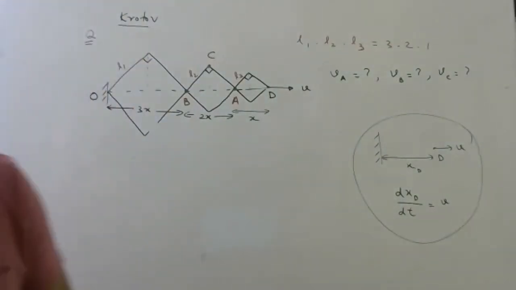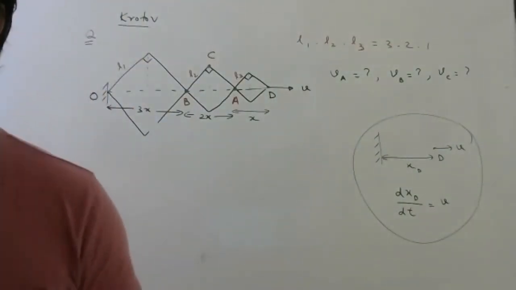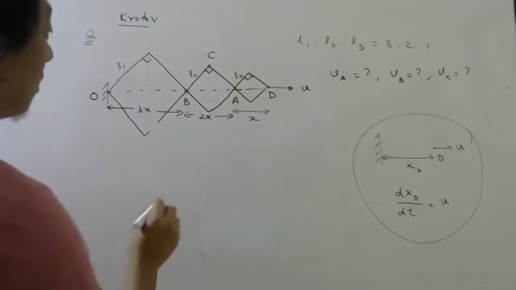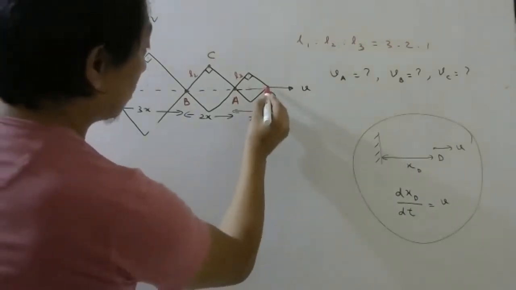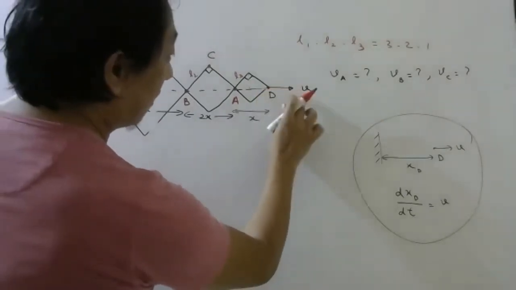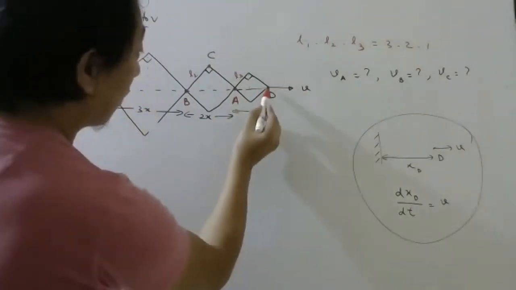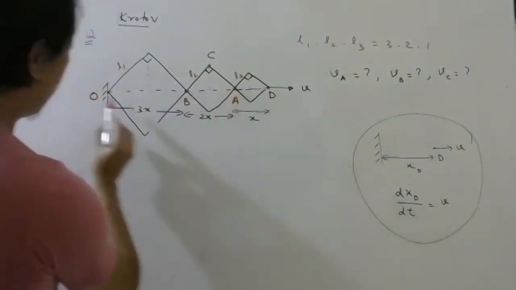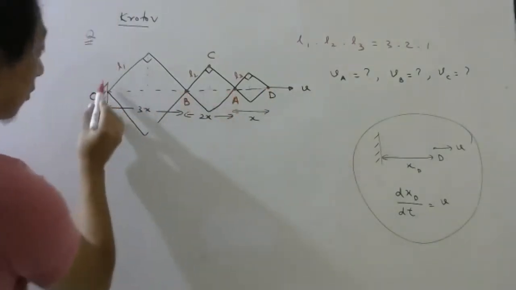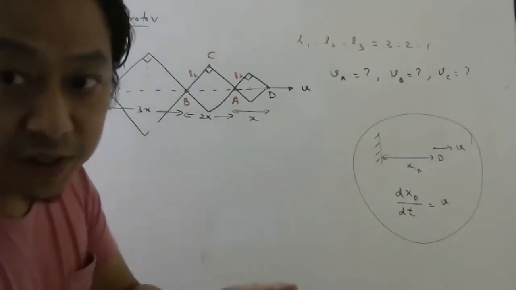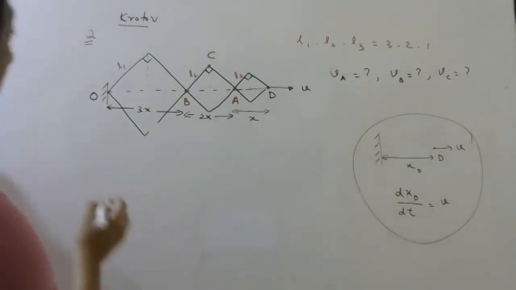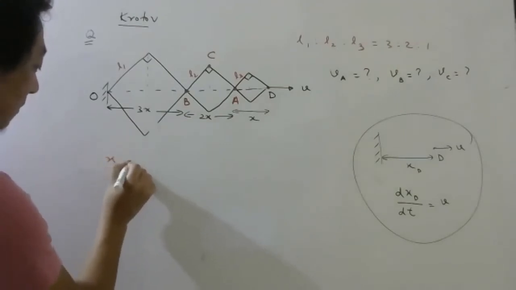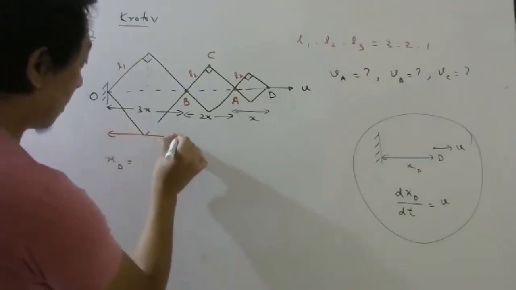Yes or no? First tell me that. Yes, sir. Okay. So therefore, because the velocity of this point is given, I just need to find the distance of this point from the origin, the distance of this point from the origin, and the distance of this point from the origin. Then I can differentiate to find the velocities. So what will be the distance xD? xD means this.